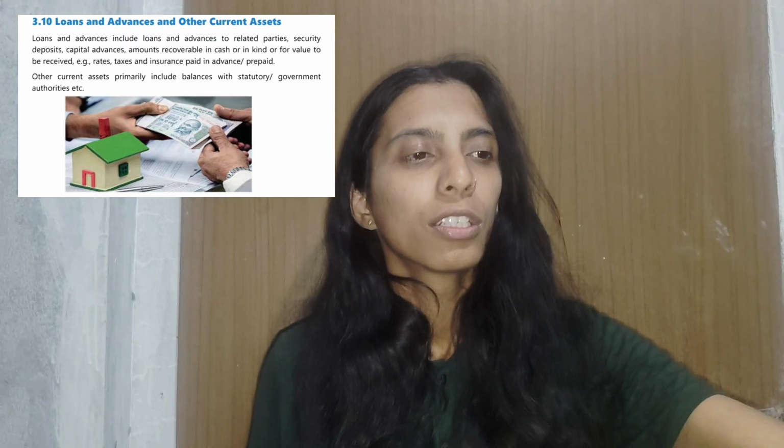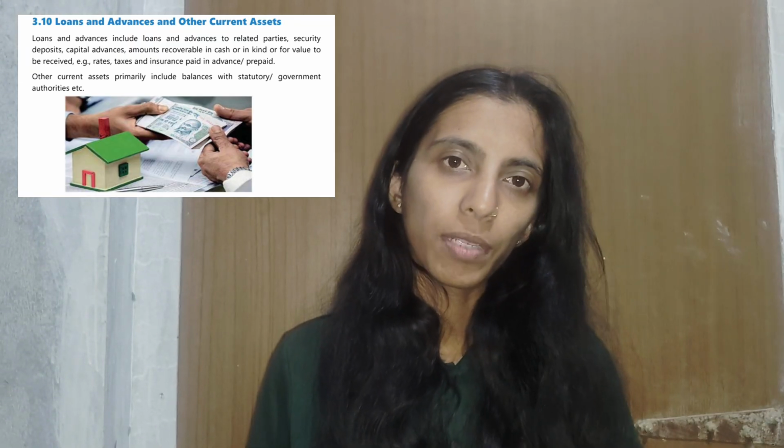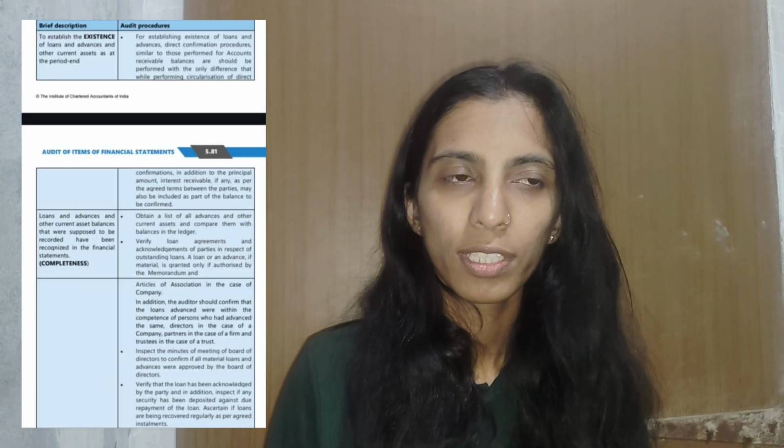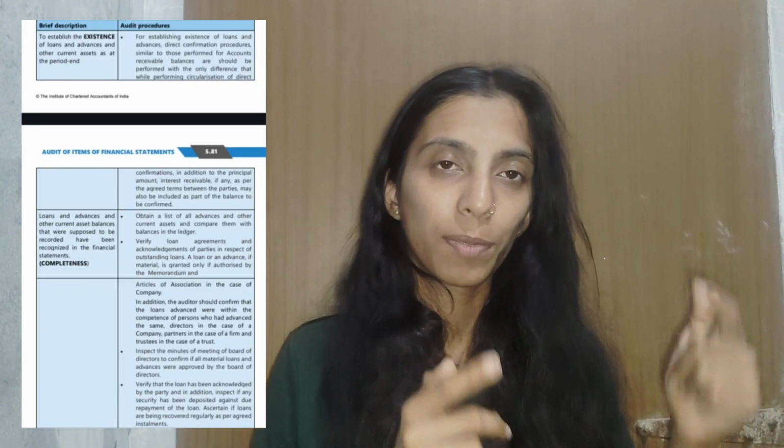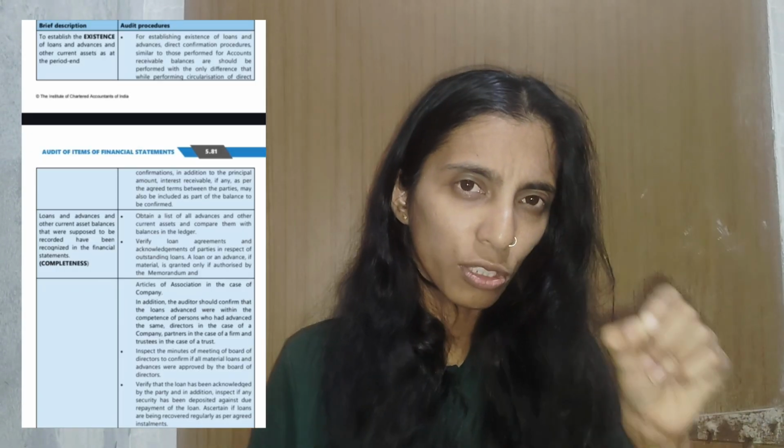So if the examiner asks you to write any of the audit procedures involved in other current assets or loans and advances, you can write any 4 or 5 procedures from this table, the table which is displaying on your screen. It's not mandatory that you need to learn this only.